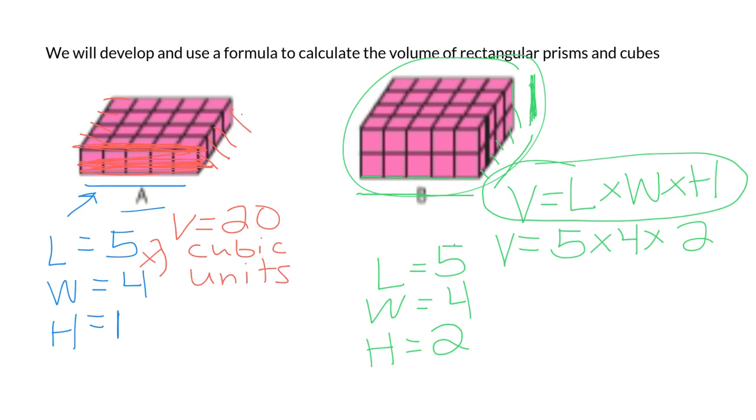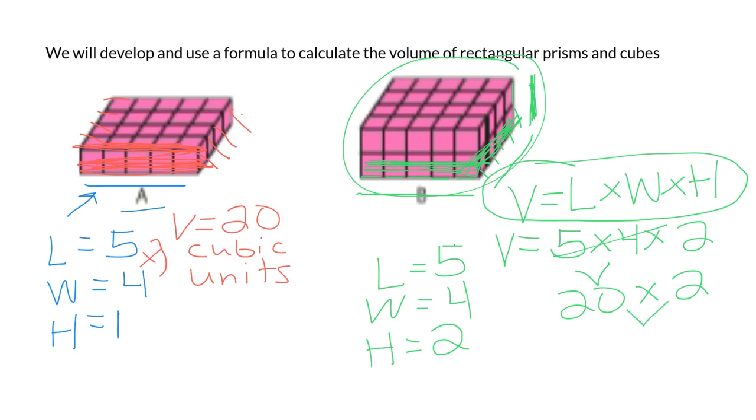So I am going to choose to do right here 5 times 4 first. I know that 5 times 4 is 20. Cross that off. And then I'm going to multiply 20 times 2. Now you can also look at this as we just found 5 times 4 is 20. That is what one layer of this solid is. And we see we have 2 layers. So we're going to multiply that 20 times 2.